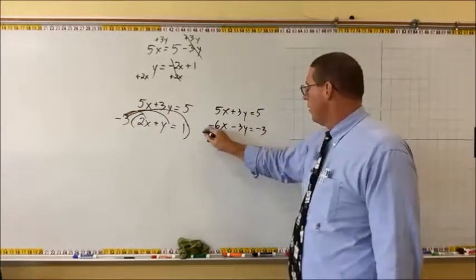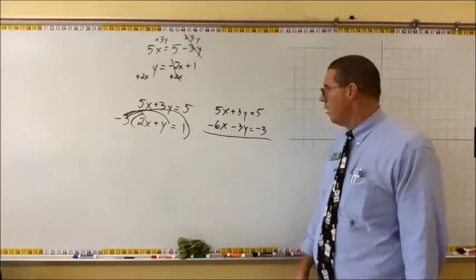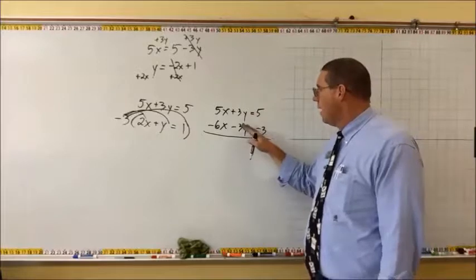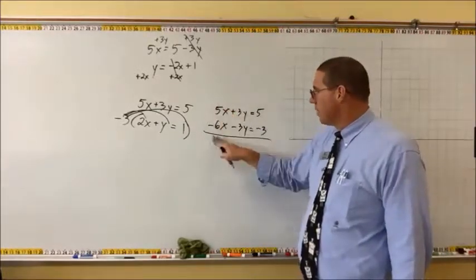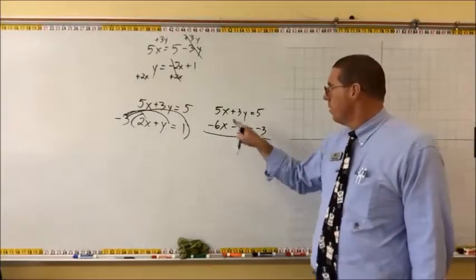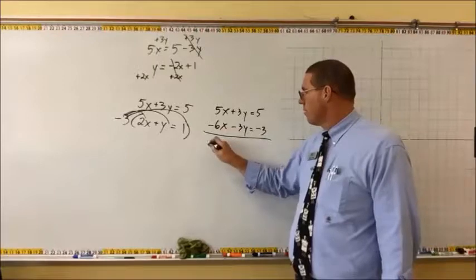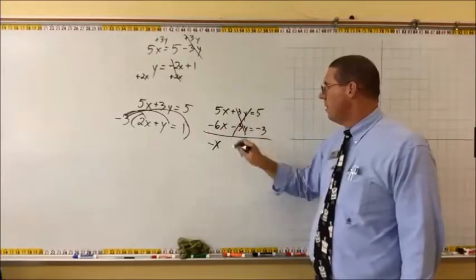Now that I have the same number, only opposite, in front of one of the variables, in front of the y, now I can add the two equations. I'm going to add the x's, I'm going to add the y's, and I'm going to add the constants. 5x minus 6x is negative x. 3y minus 3y, well, those eliminate. They cancel.